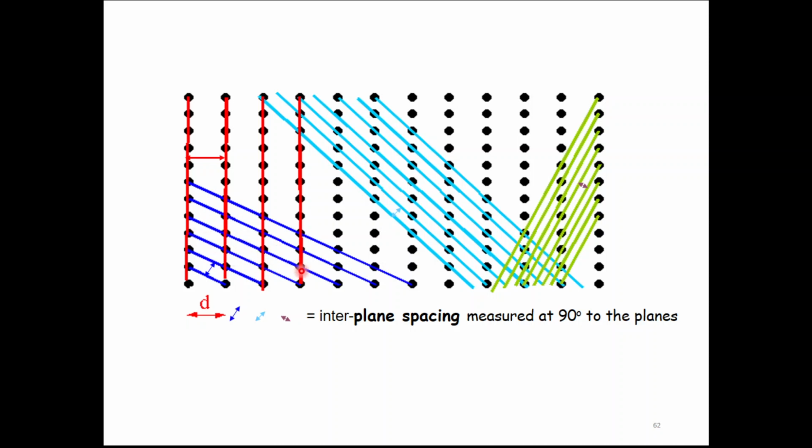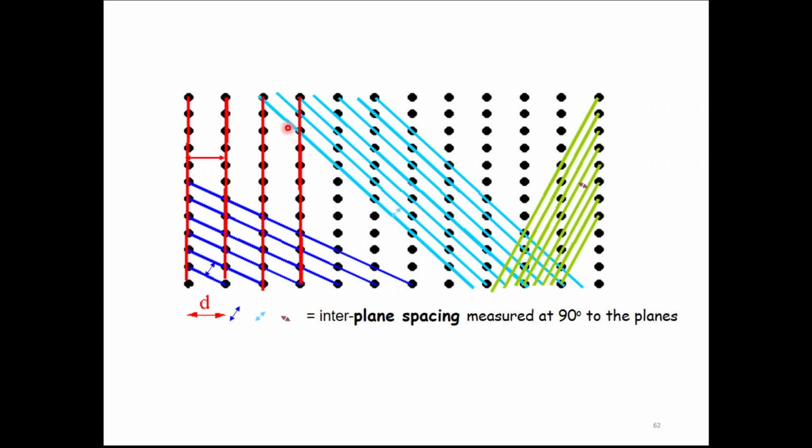So we have many planes that are parallel to each other, constituting a separate family. And so we have an interplanar spacing, which is in here and which is also represented in here.